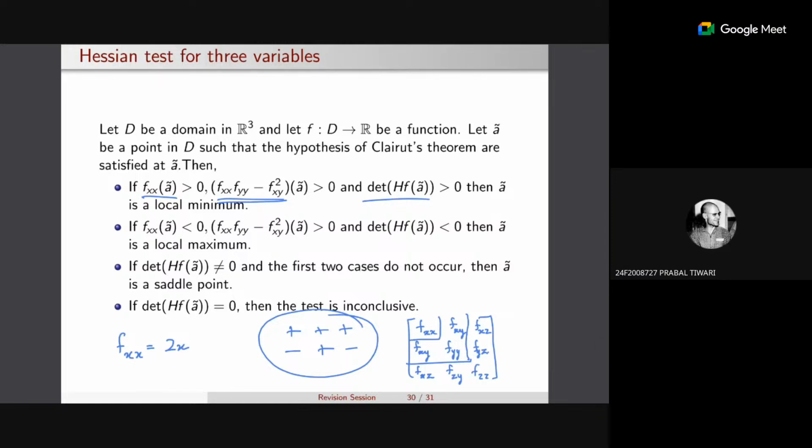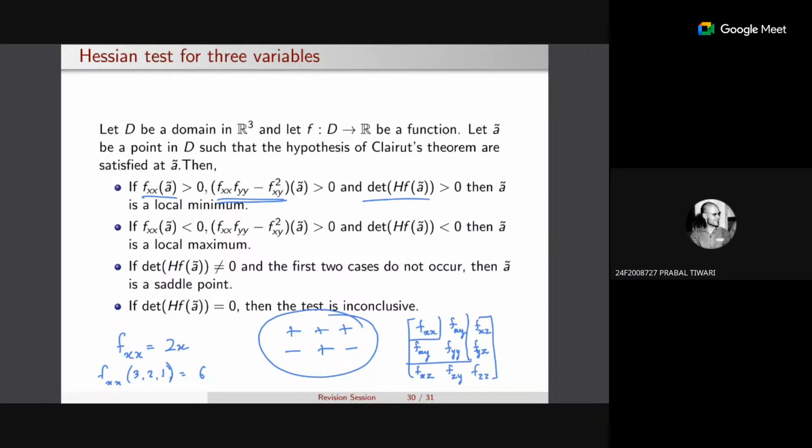Is this a function of two variables or three variables? In order to determine whether it is a maxima or minima, we need to only see fxx at that point. For example, if your function is a three variable function, you will have some a, b, c. Let's take something like 3, 2, 1, in which case this will be 6. So what you can conclude, 6 is greater than 0.